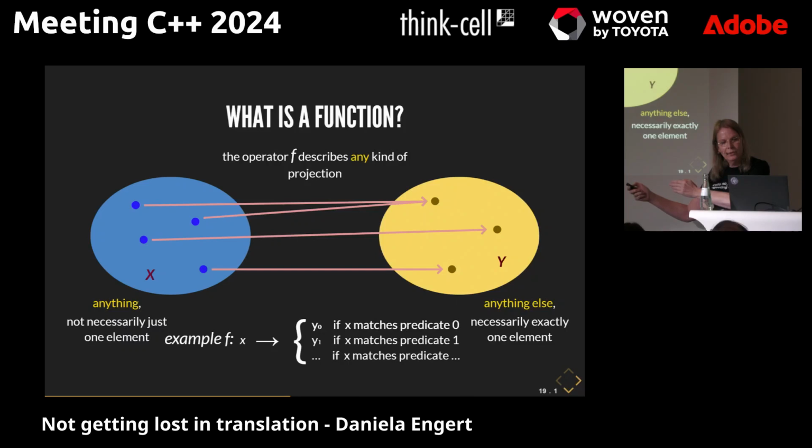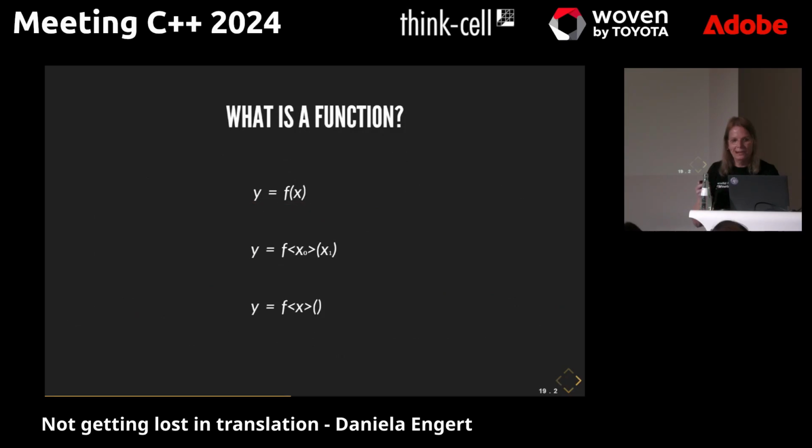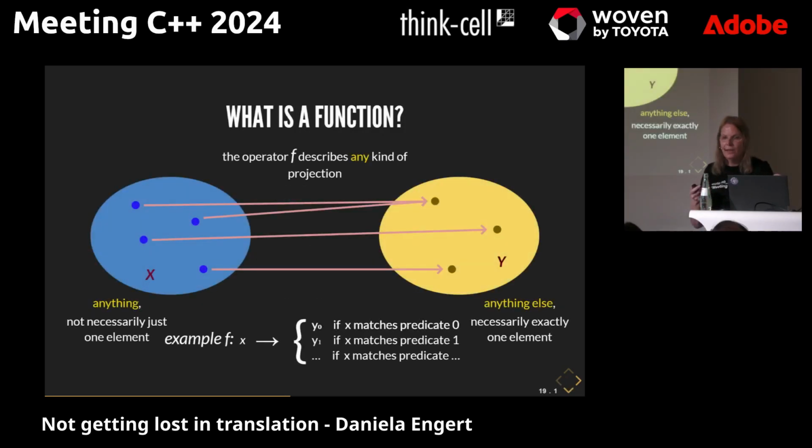And as mentioned, it can be anything. At school we learned these are values. The function is operating on values. But this is restrictive. This x could also be, for example, types. And we could return functions again. This is all we can do with type-based metaprogramming.